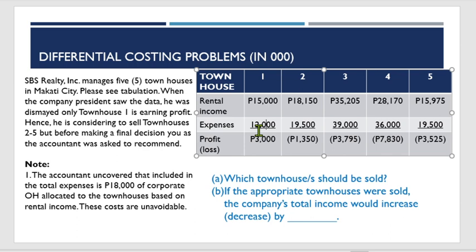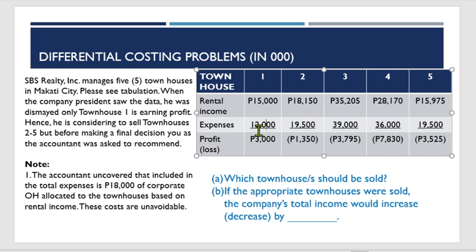So the 19,500,000 minus what you computed, 2,904,000, gives your avoidable expenses of 16,596,000. So, 18,150,000 minus 16,596,000 is equal to 1,446,000 positive. Because the margin or profit for Townhouse 2 is positive, you should not close it.